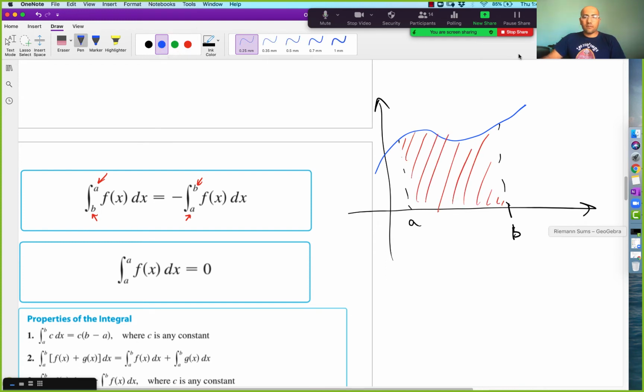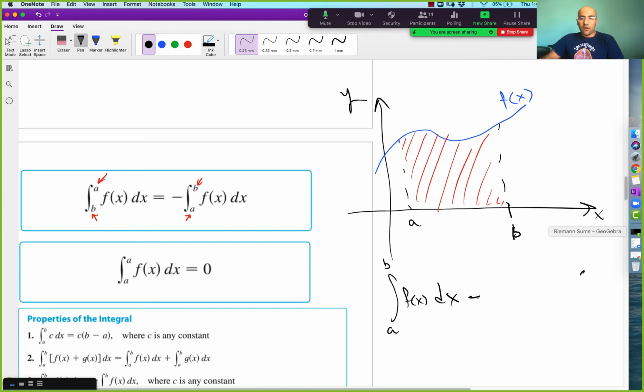Just a rough image to hold on to. Y-axis, x-axis. Based on the way I drew it, it should be clear that this area should be positive. So the integral from a to b of f of x dx should be this area in red, and it should be positive.